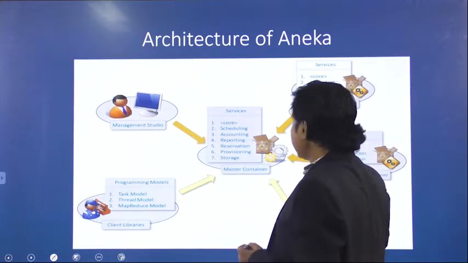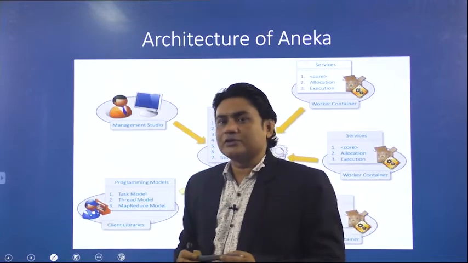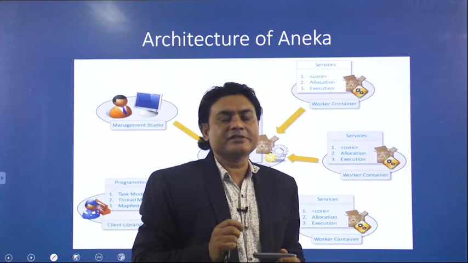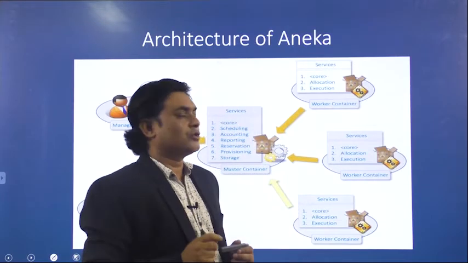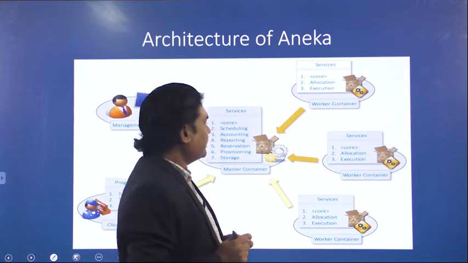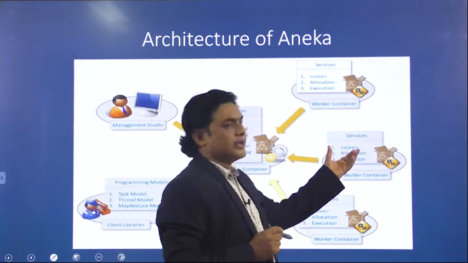And these are called worker containers, because worker containers are those containers which contribute the execution services. The execution services happen only through the worker containers. So we may have different worker containers, and these worker containers can provide different types of services.